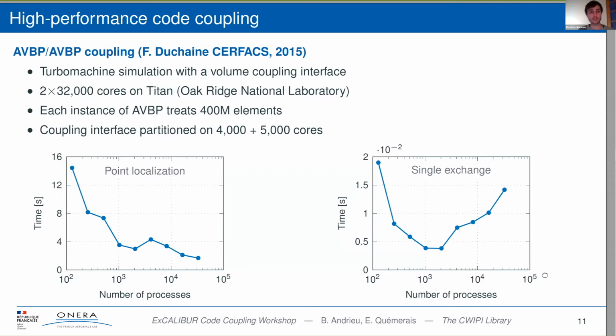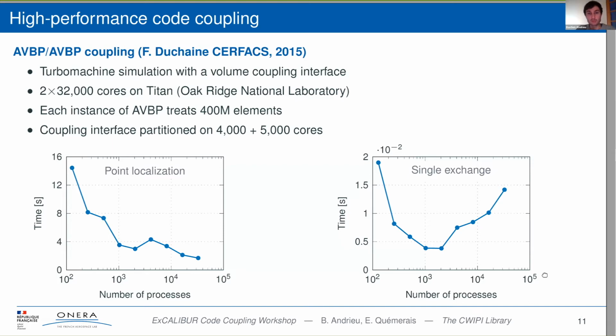Here we see that the point localization algorithms show quite nice scalability, and the exchange part is quite negligible compared to the point localization. But when we use up to 10,000 cores, we see that the cost of communications starts to slightly increase.